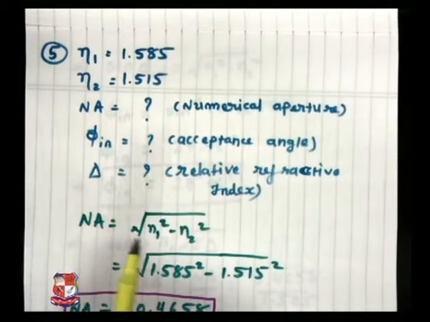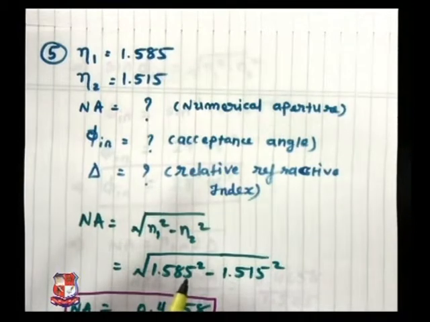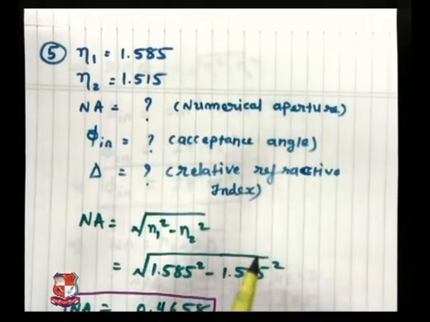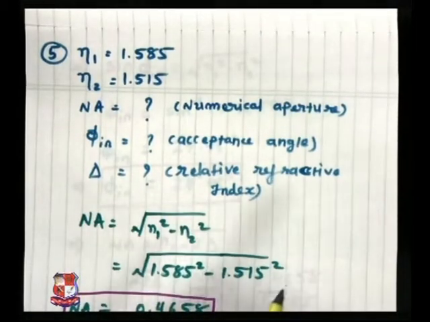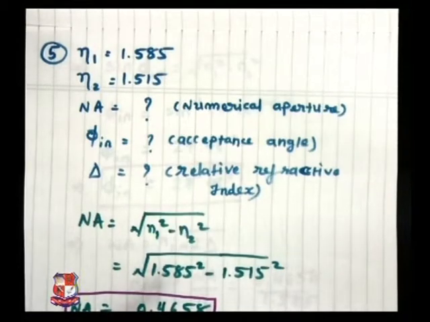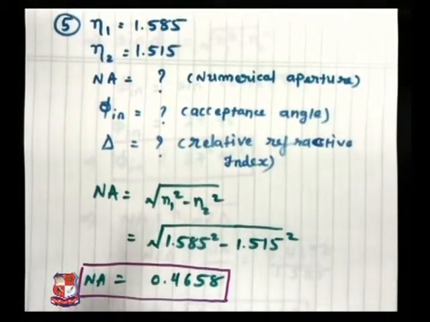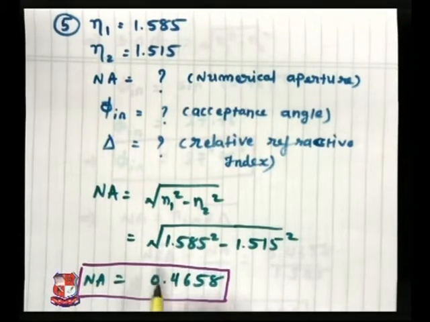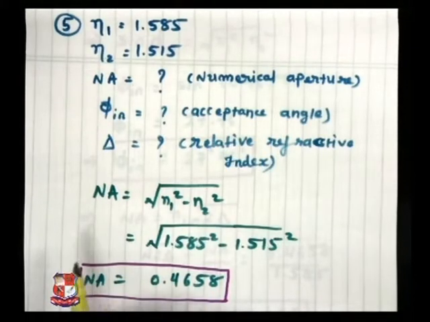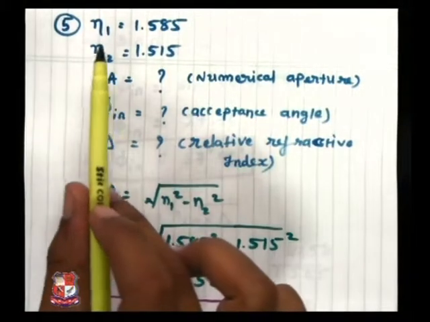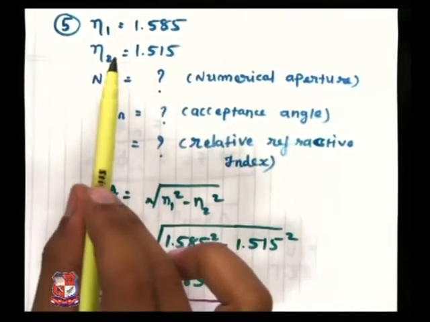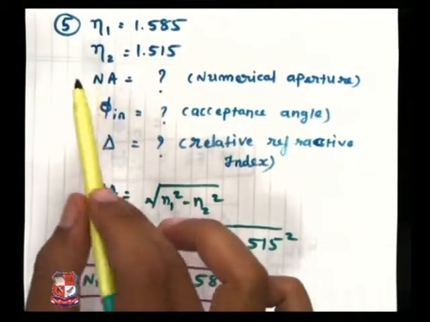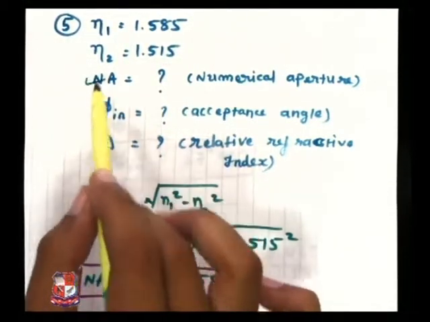Eta 1 is 1.585, just square that value, minus 1.515 squared. Take the under root of this whole term and you get the numerical aperture, that is 0.4658. 0.4658 is the value of numerical aperture of the optical fiber having refractive indices 1.585 and 1.515.